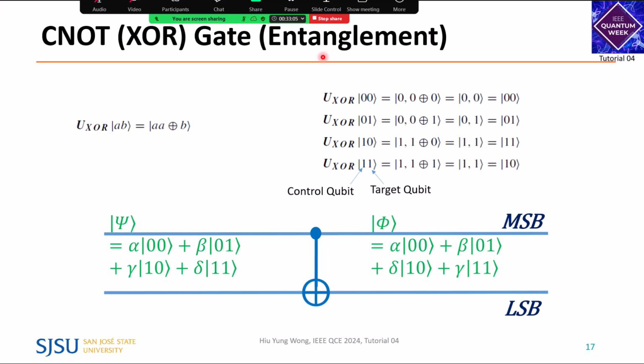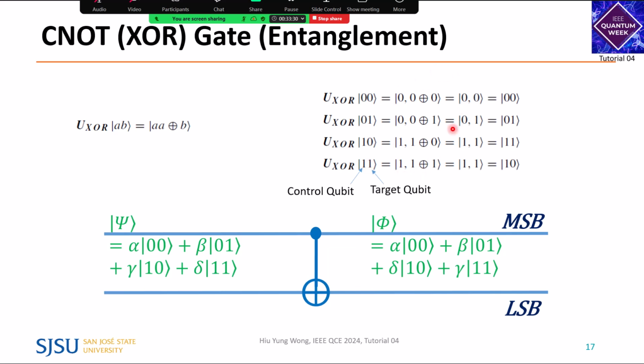So what is entanglement? One example of an entanglement gate is called the C-NOT gate, controlled NOT, or sometimes called the exclusive OR gate. So how does it work? If you just look at how it operates on different bases, we have 2 qubits now, so you can have a basis 0, 0, 0, 1, 1, 0, and 1, 1.